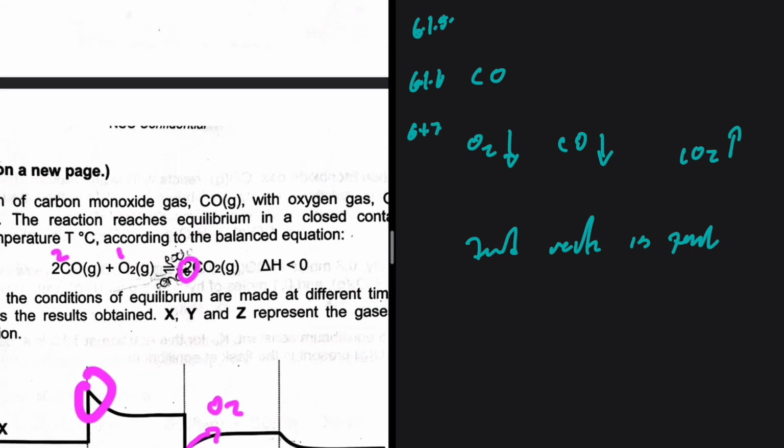Let's go to our reaction and see whether our reaction is exothermic or endothermic. The forward reaction is exothermic, right? Forward reaction is favored. So it is the exothermic reaction that is favored, right? So which change in temperature favors exothermic reaction?